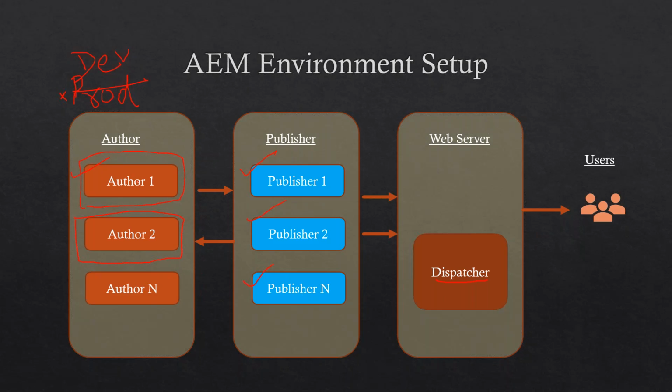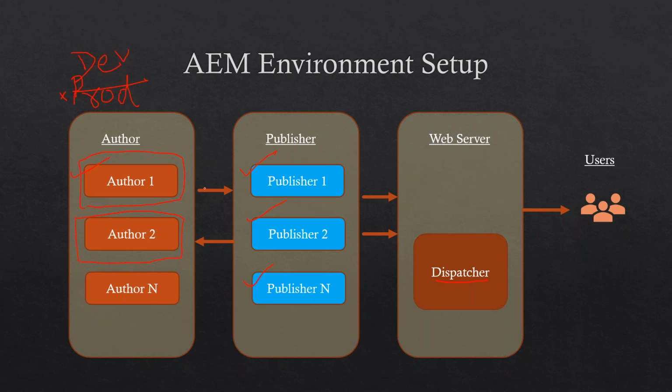At the same time, if business wants to author things, they can move to author 2 and simply perform their regular activities by the time author 1 is coming up. And again, you have publishers. Publishers are the ones which provide data to the end user.